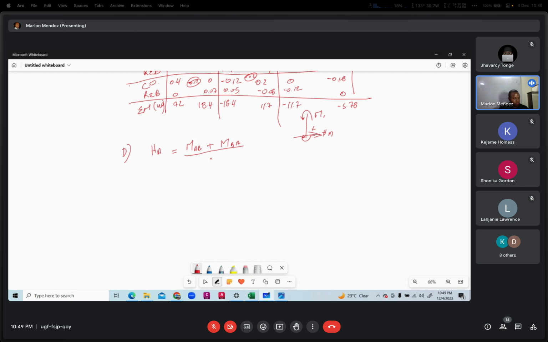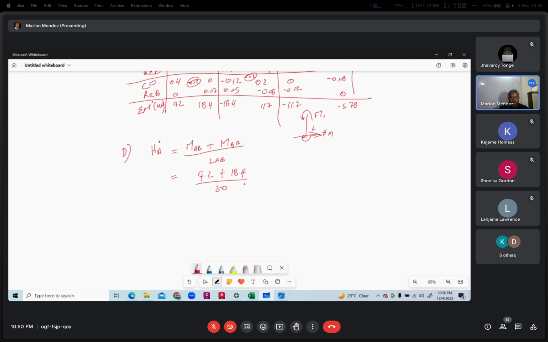So this is what you're going to apply. LAB. What is LAB? So remember, this is the no sway, which is A prime. This is equal to 9.2 plus 18.4 all over 3.